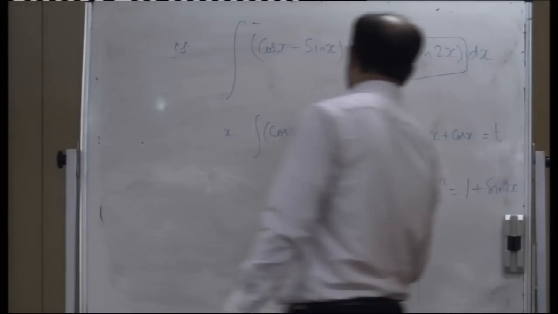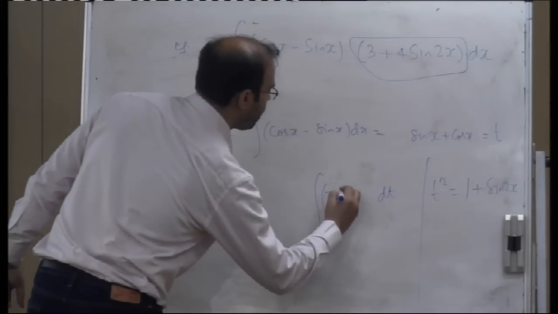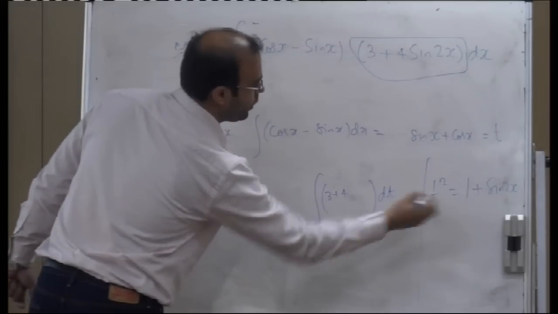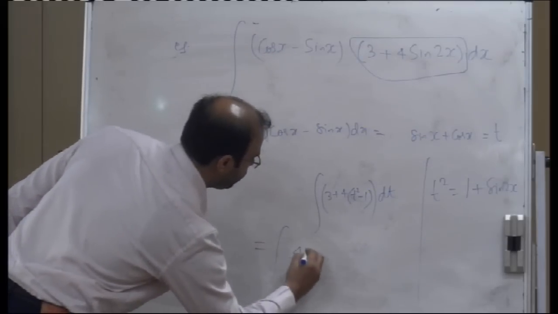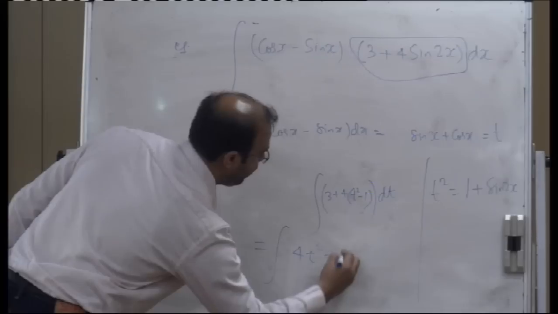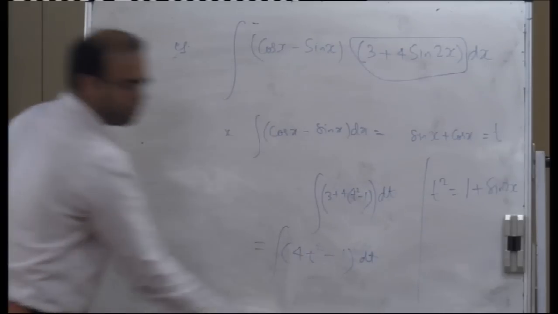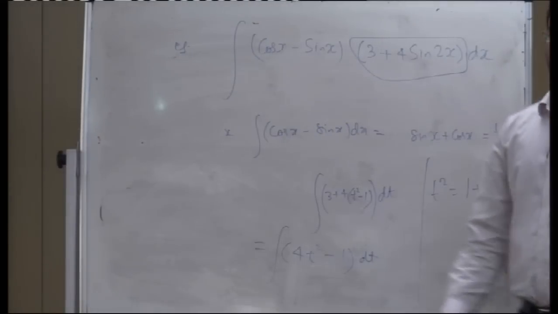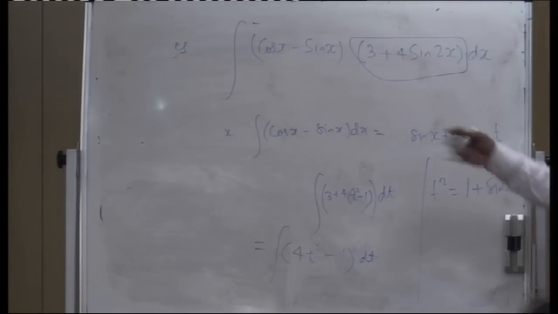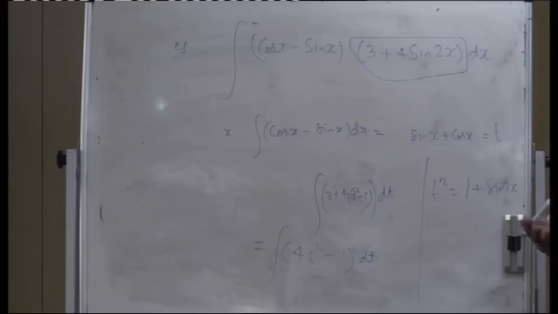So this would become 3 plus 4 into (t square minus 1). That would become integral of (4t square minus 1) dt, and then this question has been solved. So you have to see indirect substitution in this manner. You have to find out a derivative, and then you have to find out a proper derivative.